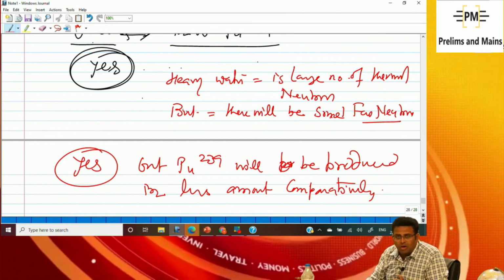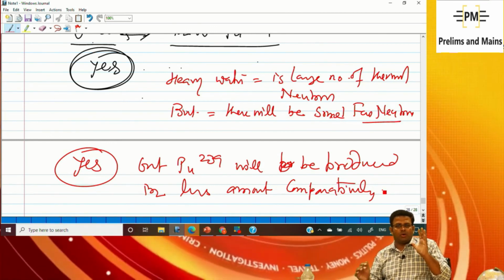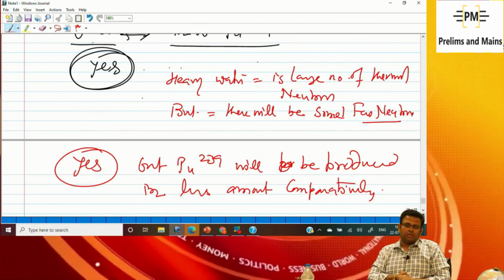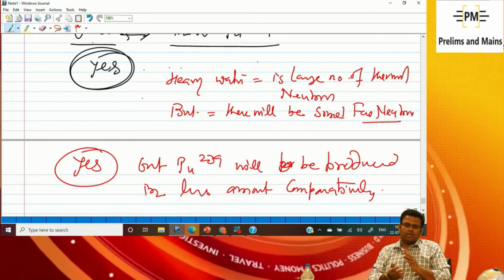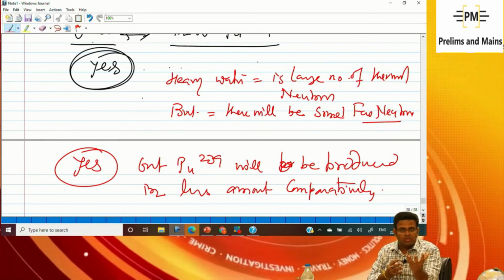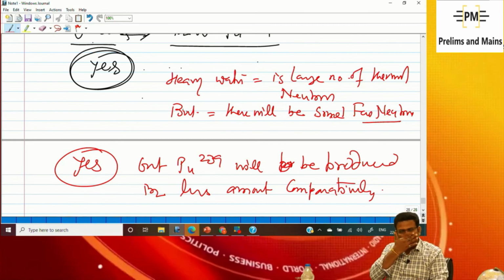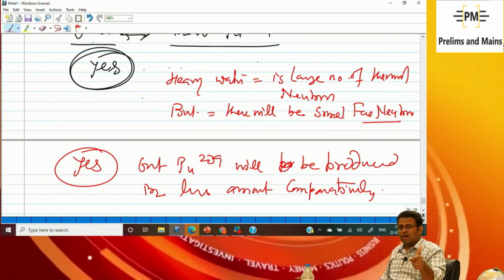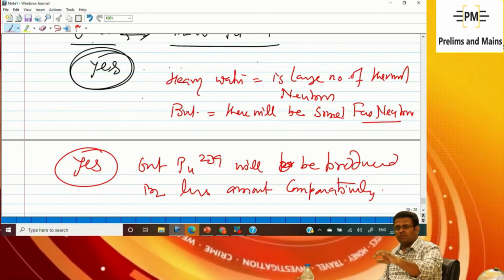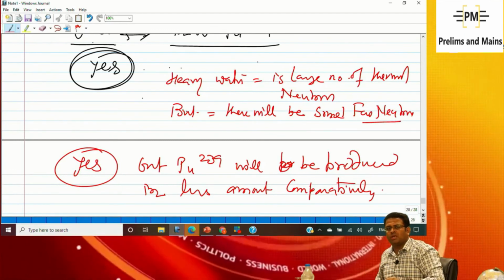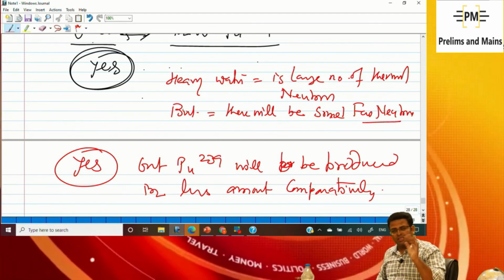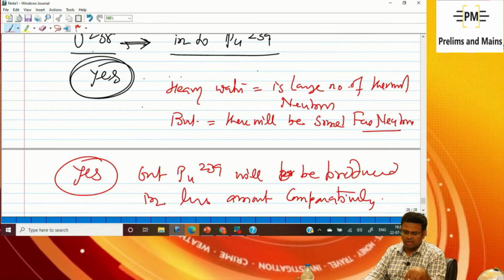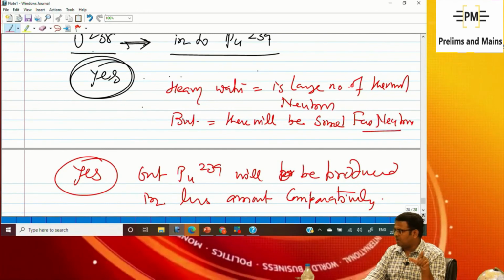If there is heavy water, then the large number of neutrons will convert into thermal neutrons, but some neutrons will remain fast, and those neutrons will make uranium-238 into plutonium-239. So yes, it will convert, but in less amount comparatively.